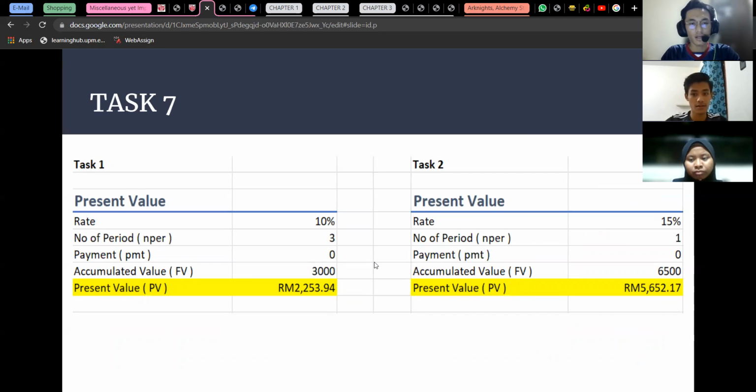Task 7 asks us to create an Excel worksheet for each task. And this is so that we can see that our answers were correct and we are on the right path. So for task 1 and task 2, we can see here that we can find the present value for each of the tasks, which is similar to the answer that Zarifah just presented just now.